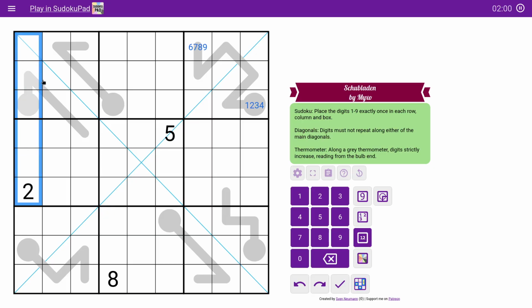Looking at low digits, I mean, we have a little symmetry here. 8 cannot be on this thermometer, 2 cannot be on this thermometer.